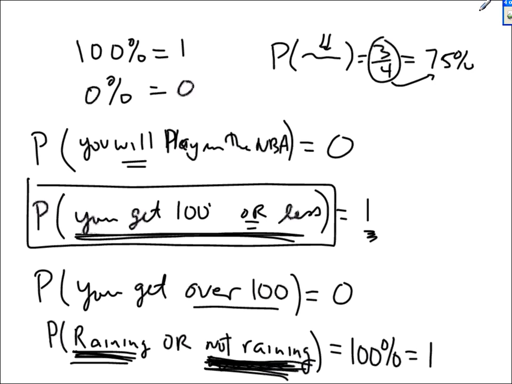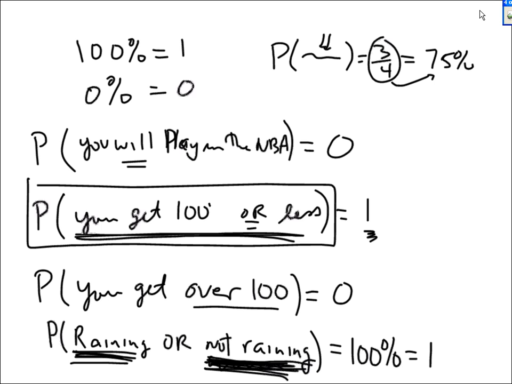Probability is always between 0 and 1. It's not going to rain 150 times, it's not going to rain 150%. You can't tell me that you have a 150% chance of passing your stat class. You may have a 100% chance of passing your stat class. You may have an 18% chance of passing it, you may have an 80% chance, or you may have a 0% chance.